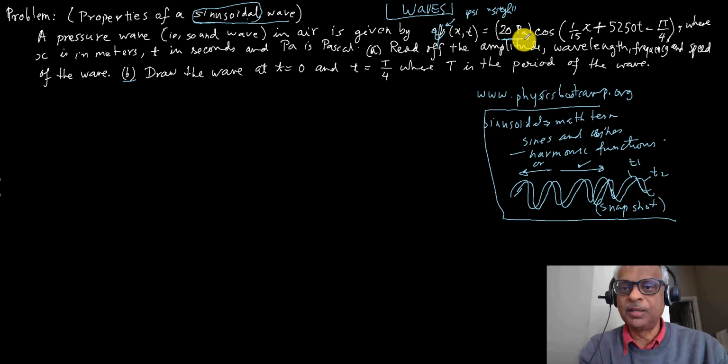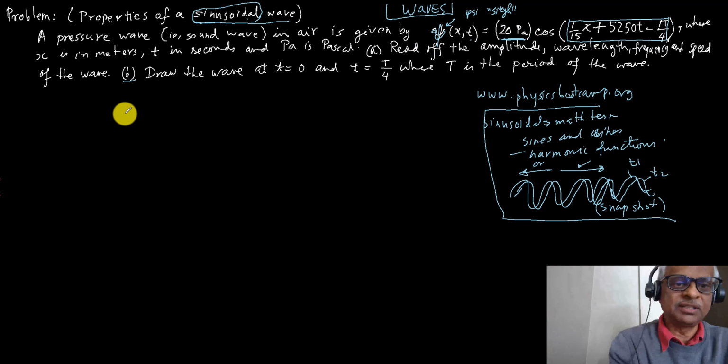So there is an amplitude, and then there is the argument of a cosine we're writing. The whole thing is a function of position and time, so it's one-dimensional.